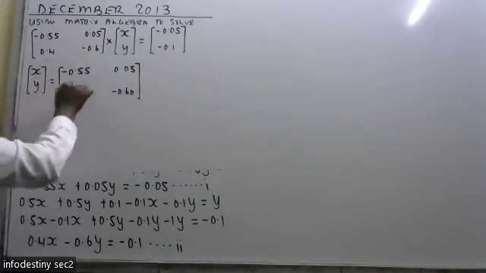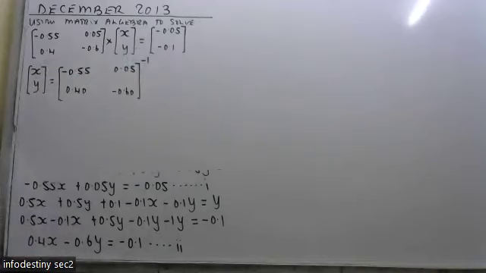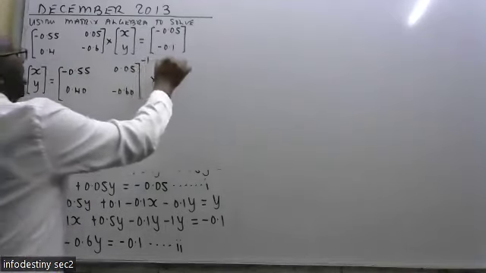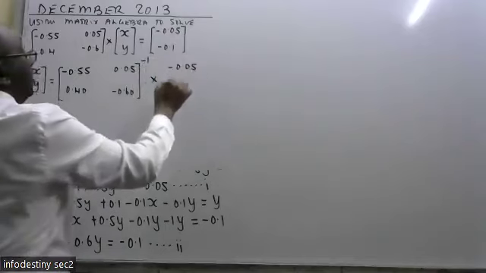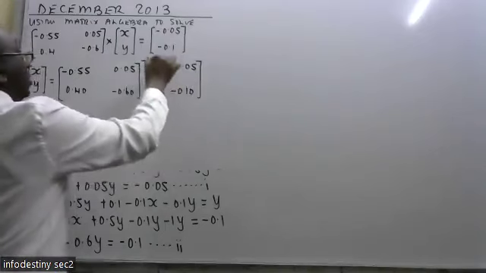And this one, because it is crossing over, it comes in as inverse, multiplying minus 0.05 and minus 0.10.